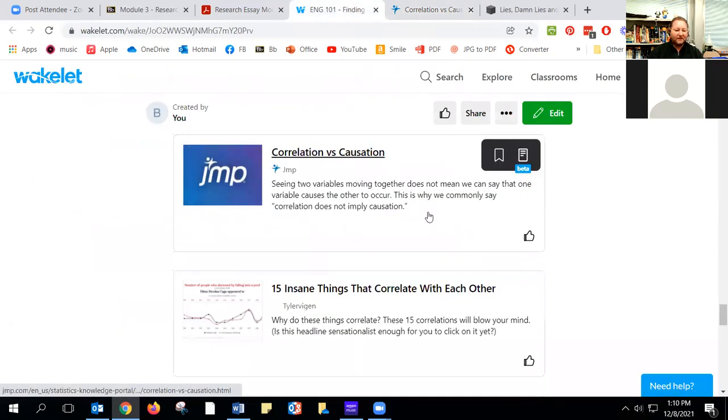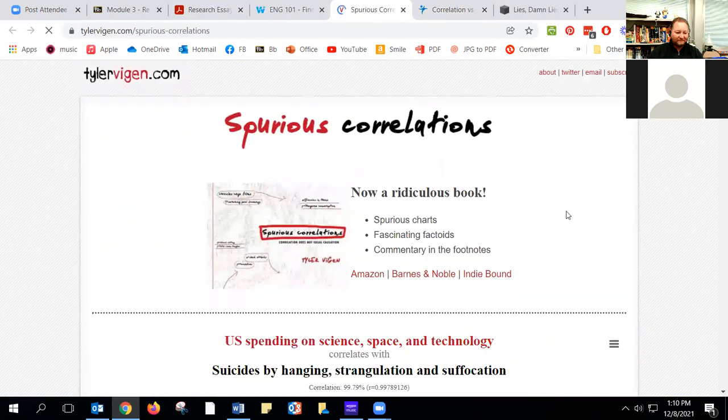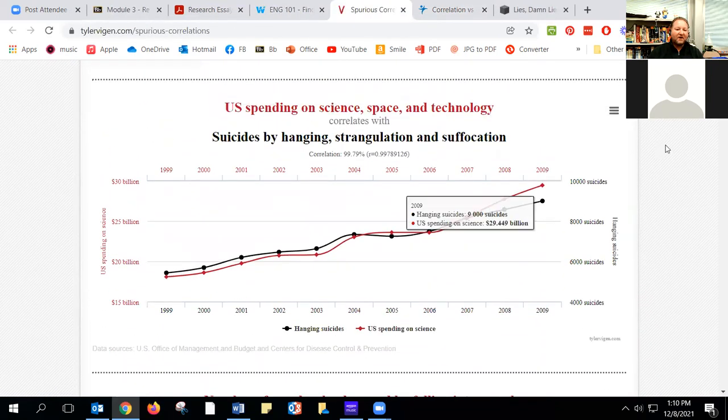And there's some more on those that are a little bit deeper. These ones I just like because it's a funny way to look at correlation. And so all these things show correlation. They're things that tend to happen at about the same rate. So the United States spending on science, space, and technology correlates with suicides by hanging, strangulation, and suffocation, right?